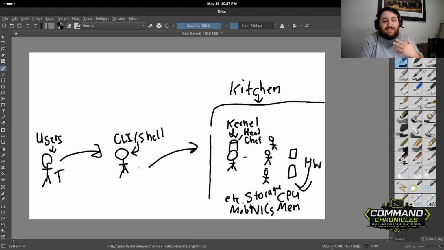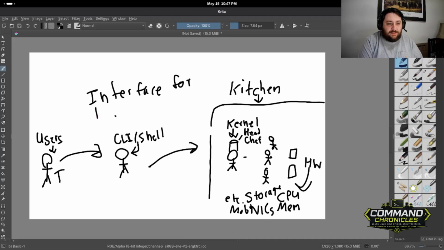So when I say that the shell is almost like an abstraction of the kernel, it sort of is. But think of it as an interface for the kernel.